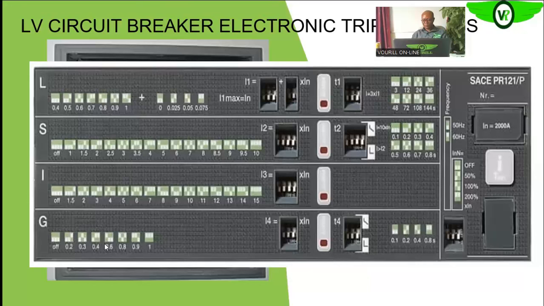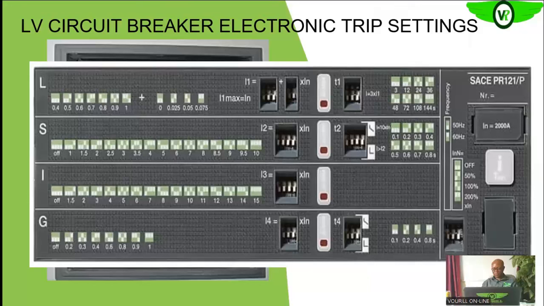For the ground fault, the amount of leakage current that you expect to be in the ground is what we set here, and then how long you want the delay to be before it trips. That is how you do the trip setting of your electronic circuit breaker.